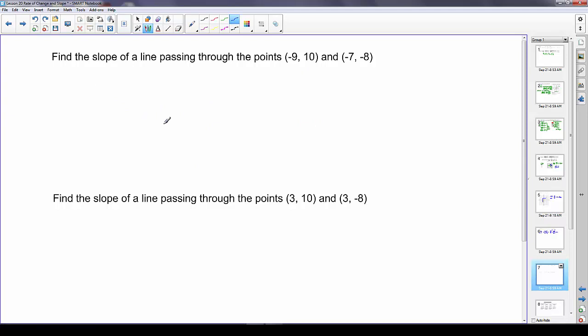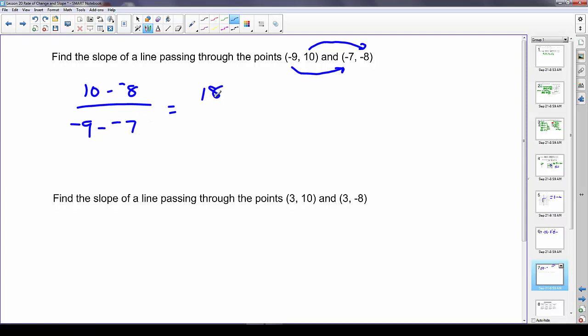Got to make sure if we're subtracting, we always take the front minus the back each time. So I have 10 minus -8 over -9 minus -7, which gets me 18 over -2 or -9.